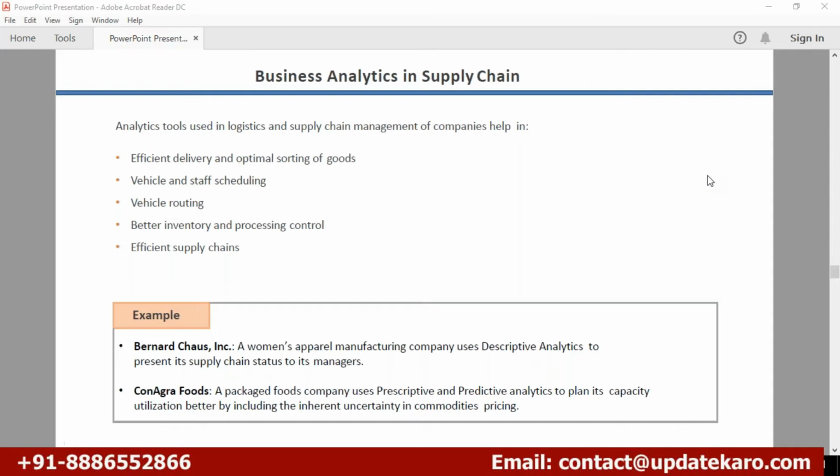Transportation. So when you say transportation, what is business analytics doing in this one? What is the scope of business analytics in supply chain? Don't look at the slide, but just express your views. How is business analytics helping supply chain?